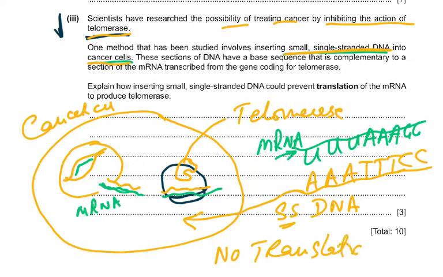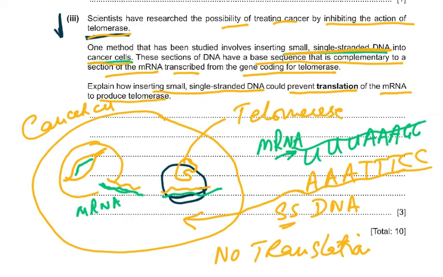Well, that was a very interesting question, because it really checked how good you are in comprehending, how much you have understood biology. These sections of DNA have a base sequence that is complementary to a section of the mRNA transcribed from the gene coding for telomerase. Explain how inserting small single-strand DNA could prevent translation of the mRNA to produce telomerase.